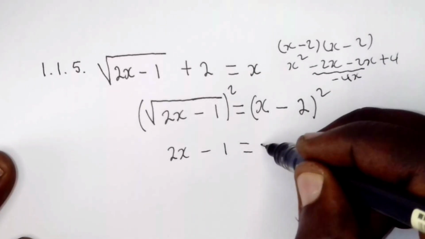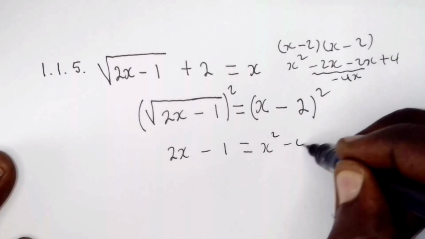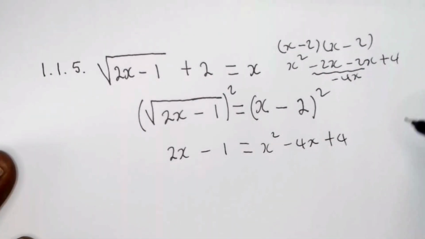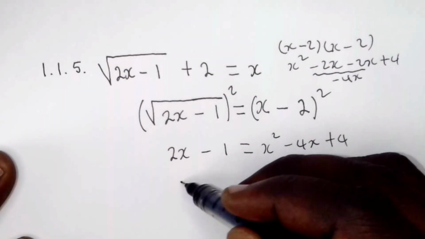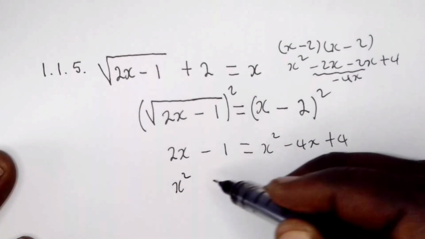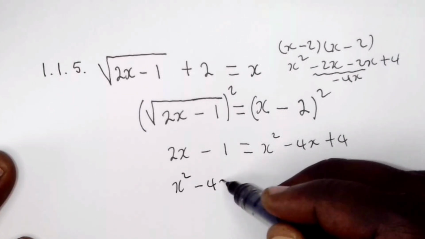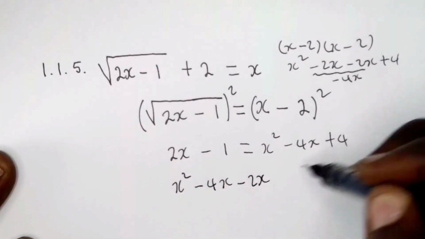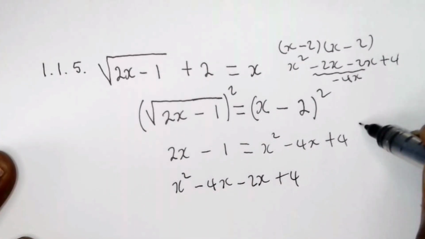So what do we have here? We have x squared minus 4x plus 4. I'm taking this to the other side, which means x squared will remain positive, and then we have negative 4x. I take this to the other side, it will be minus 2, and then plus 4, that is still there.